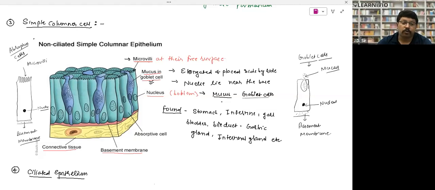So I have told you that glandular and ciliated are modifications of columnar or cuboidal. Did you get the goblet cell? That is important. They are found in the stomach, intestine, gallbladder, bile duct, gastric gland, and intestinal gland. Clear?